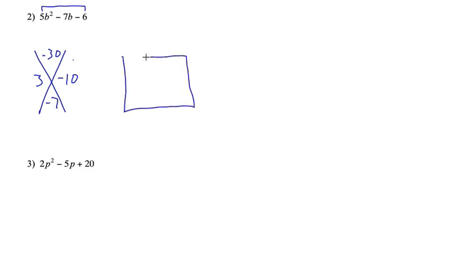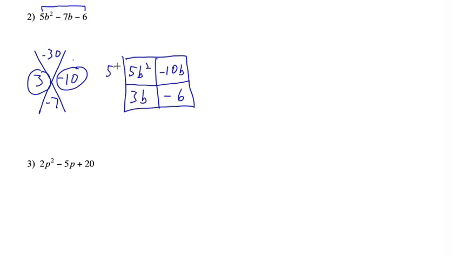Now we'll go to our box. We start filling in the box by looking at the original expression. That 5b squared will go in the top left corner, and the -6 will go in the bottom right corner. And these wing numbers tell us what goes in the empty boxes, so we have 3b and -10b. To get 5b squared, we need to multiply 5b times b.